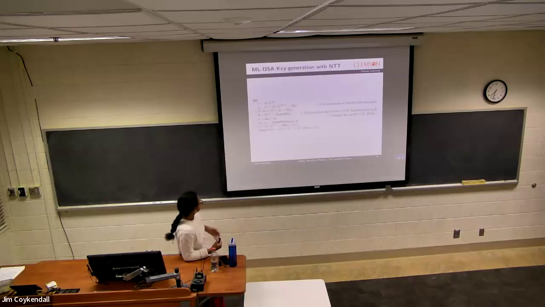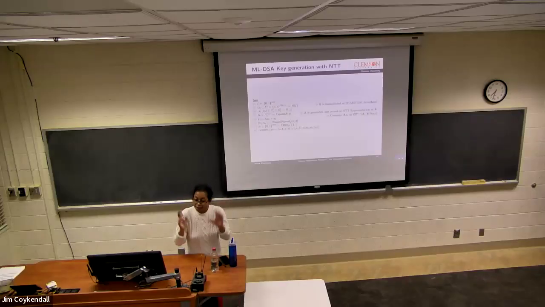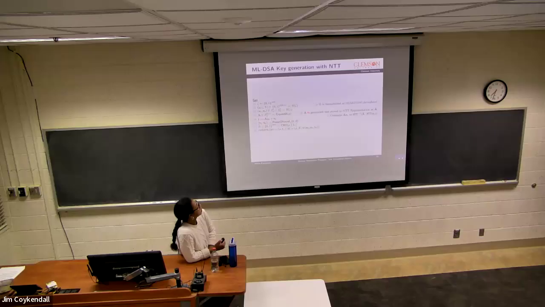So when you are looking at ML-DSA, the actual thing that is being implemented, this is how it looks. First of all, that matrix A is not generated as a matrix of polynomials. Instead, it is generated and stored directly in the NTT form.